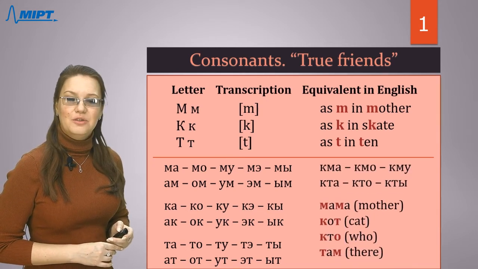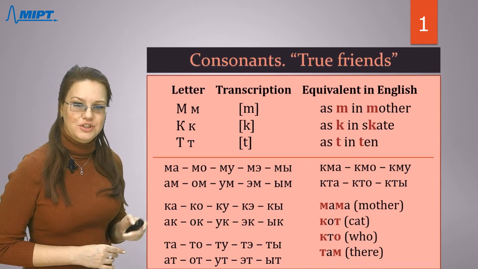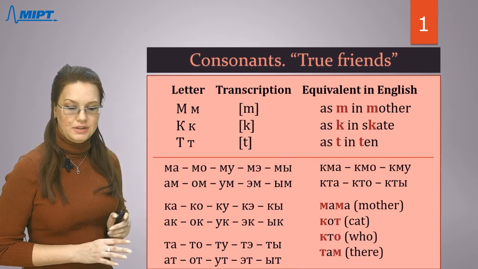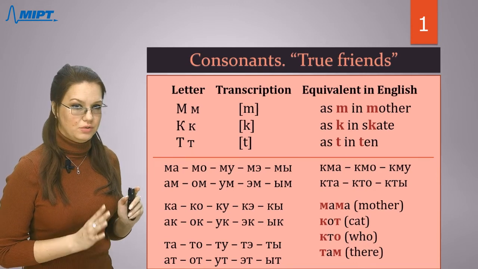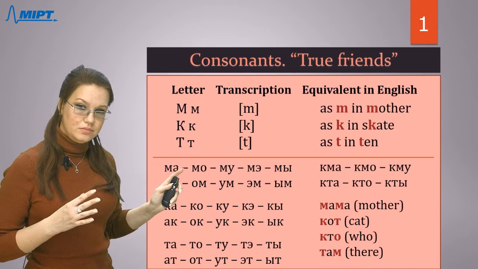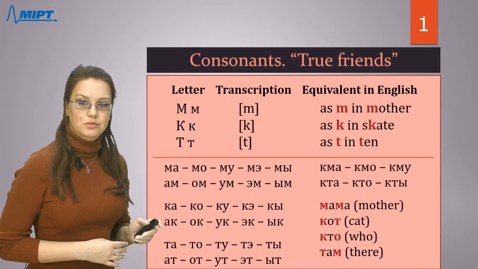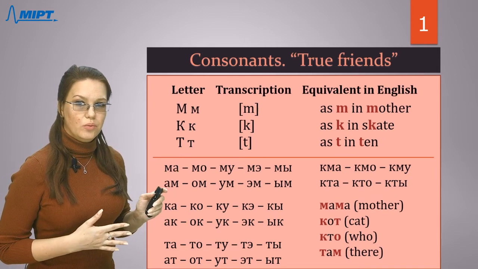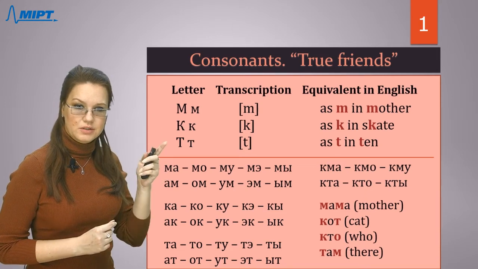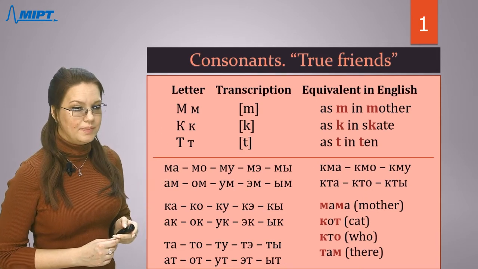So now we will try to read not just a combination of two letters. Let's try to read a combination of three letters, and then some new words. And also we will try to read words which contain our new letters, some consonants and some vowels.